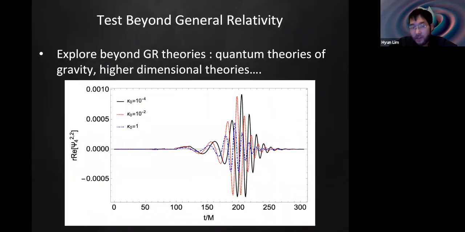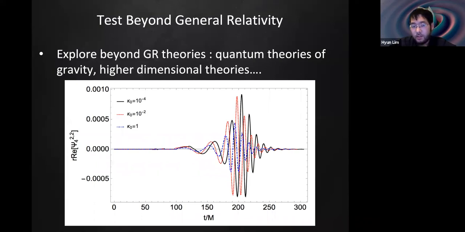And even further, we can test beyond general relativity. General relativity is a beautiful, perfect theory, but it is not complete. It cannot explain the quantum nature of the universe.